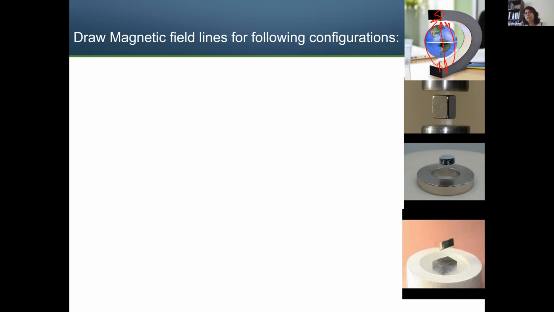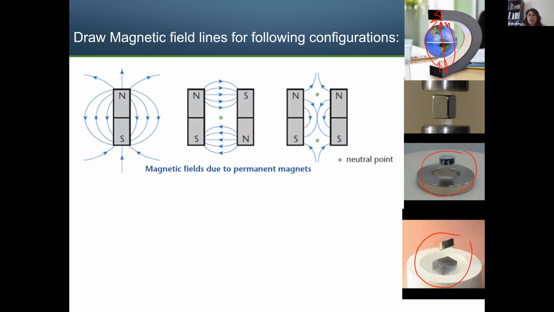So levitation can be done by using north and south magnets if they are strong enough. In addition, you can levitate a magnet this way or this way by using superconductors, because superconductors have the Meissner effect that creates magnetic field lines that let us levitate the object. But the only problem is superconductors exist at very low temperature.